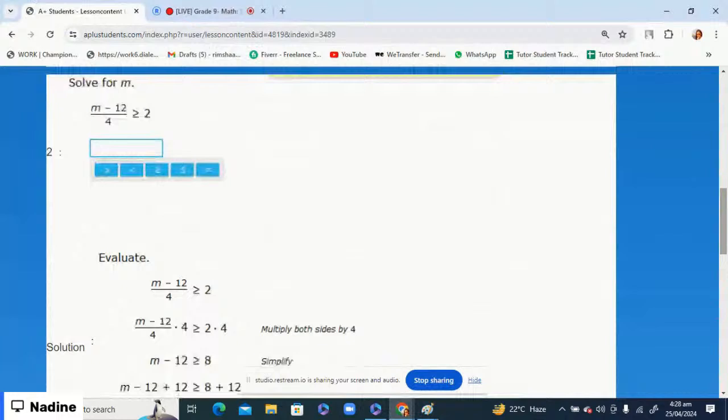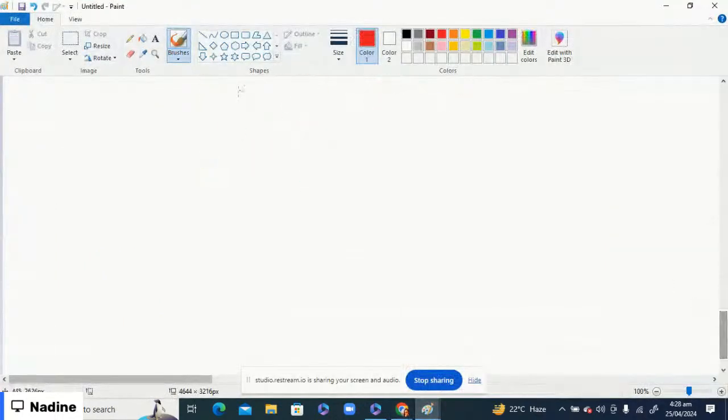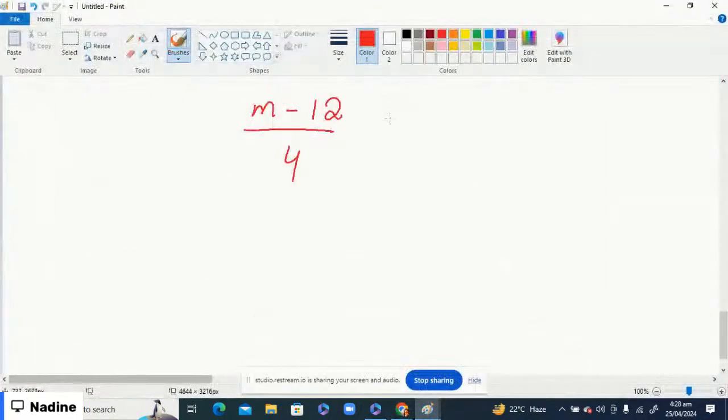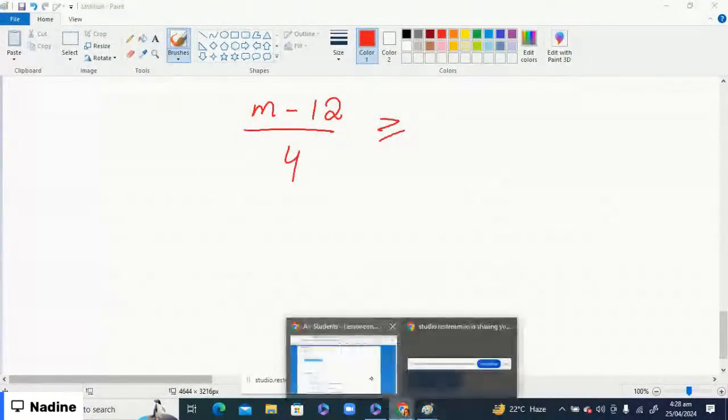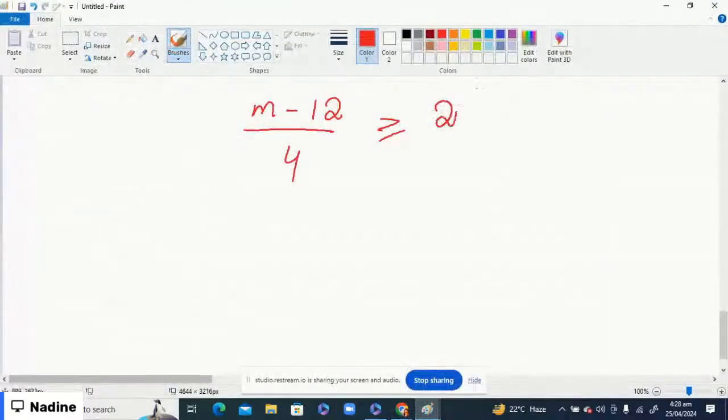Let's do one more, so you are more able to be clear. m minus 12 divided by 4. First of all, multiplying both sides with 4.